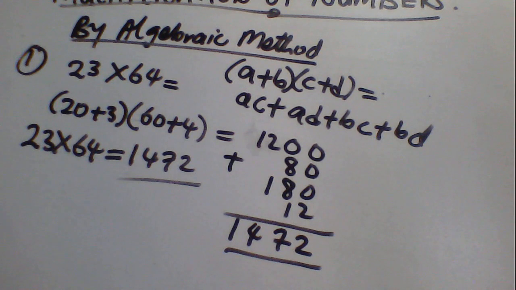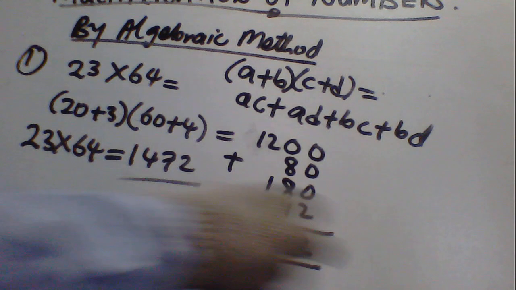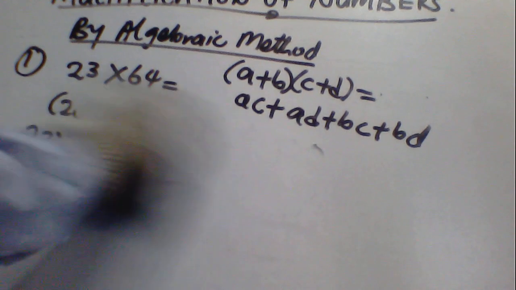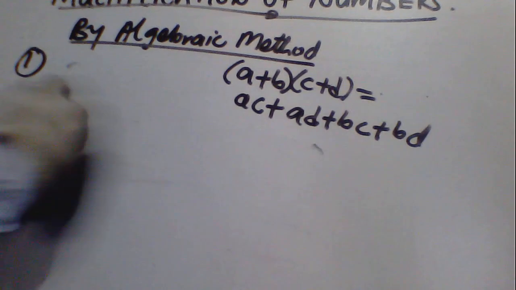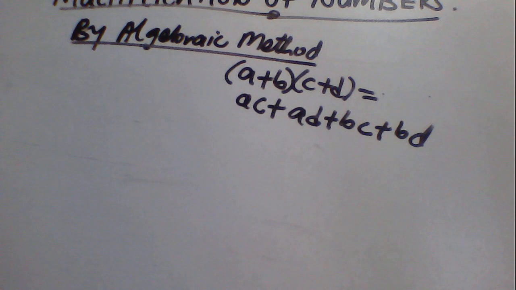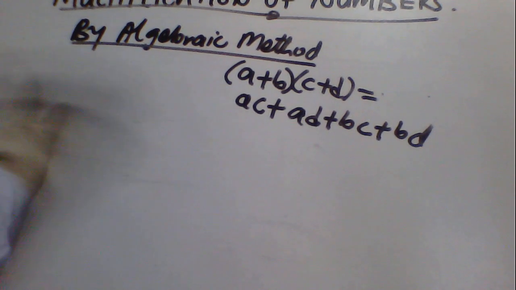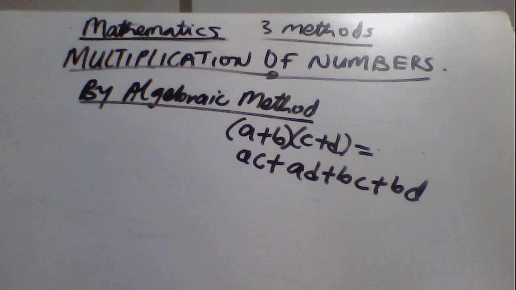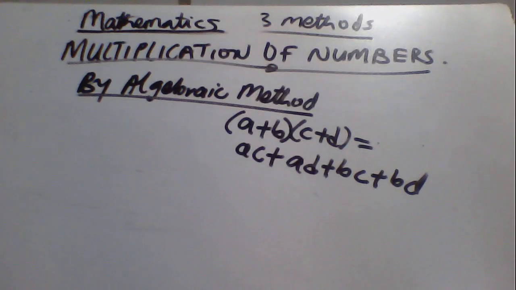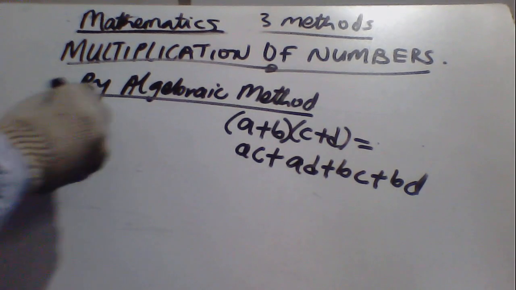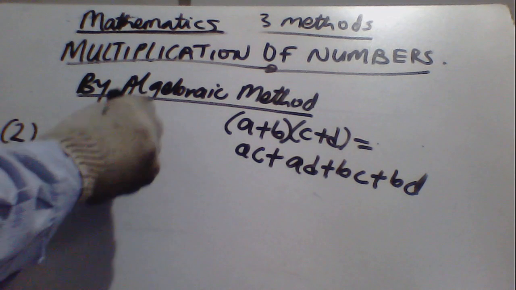So let's look at another example using this method. The second example: you are given 167 multiplying by 48.